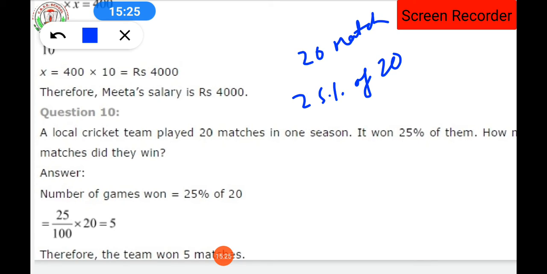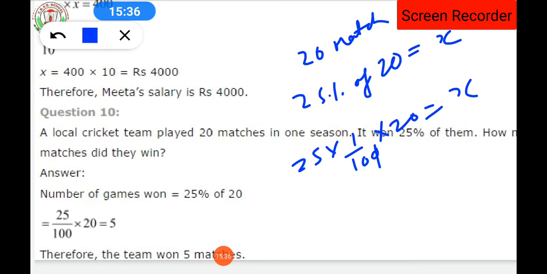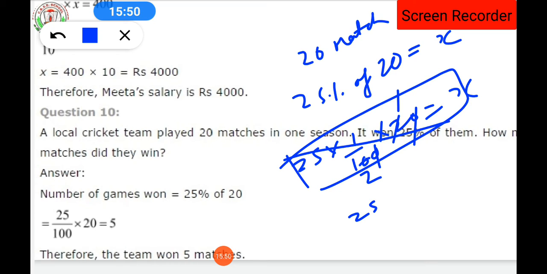So 25% of 20 is equal to the total number of matches they won. So 25 into 1 upon 100 into 20 is equal to x. Dear student, here don't do this calculation; we will do the calculation again.